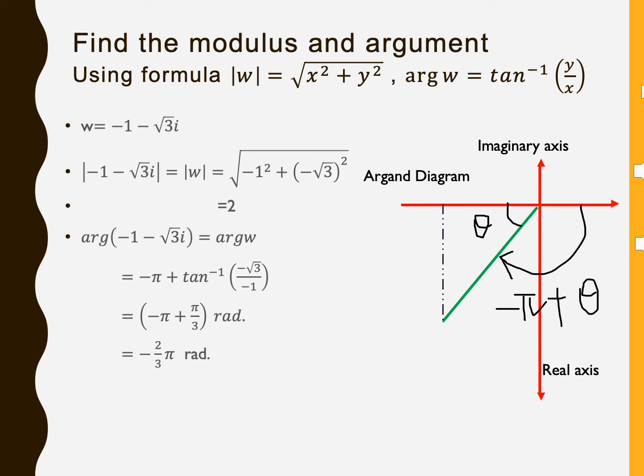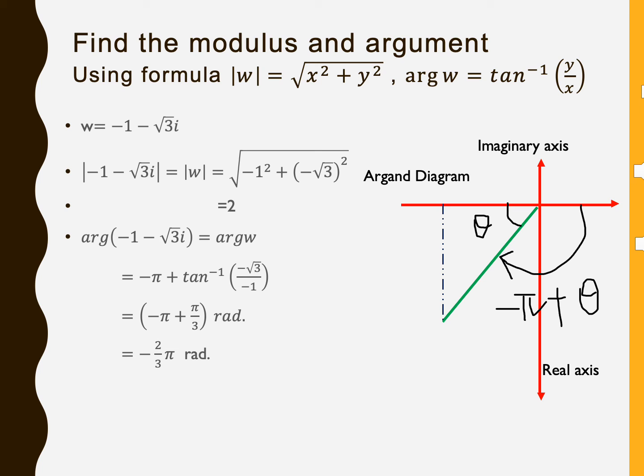A complex number w equal to -1 minus 3i is given. Find the modulus and argument of the complex number w. By using the formula modulus w equals square root of x squared plus y squared.